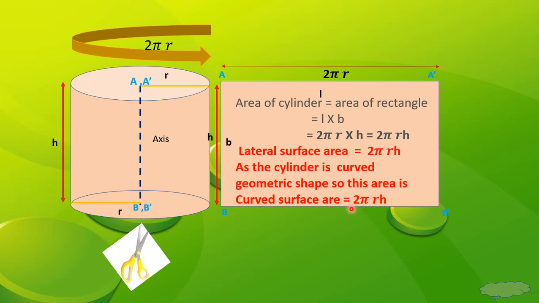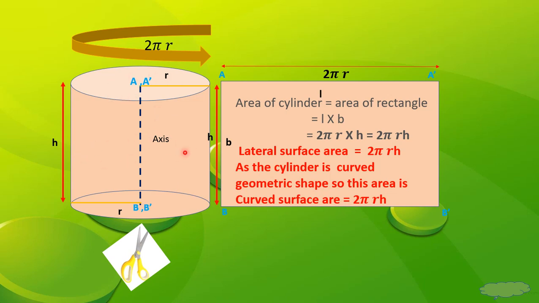Remember, whenever the figure has line segments, then we say the surrounding area is the lateral surface area, or lateral faces are there. But when the figure is in the shape of a curve, or consists of curves, then in place of lateral surface area we have to write curved surface area.